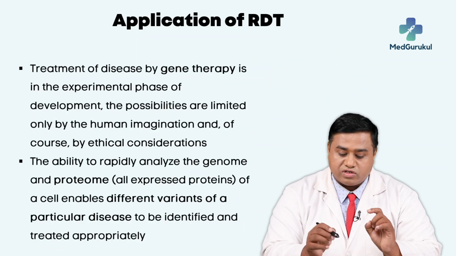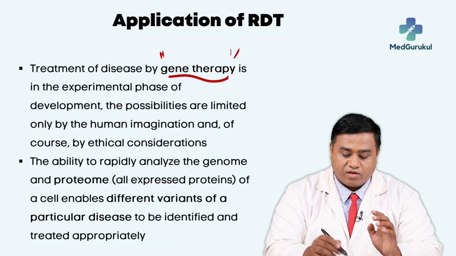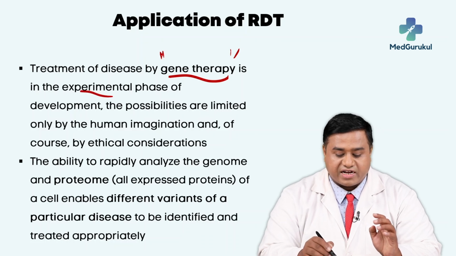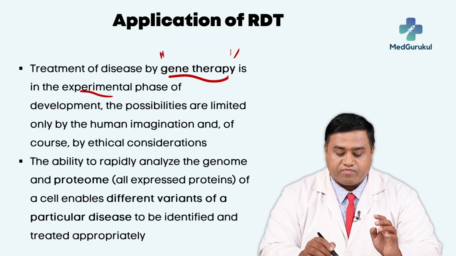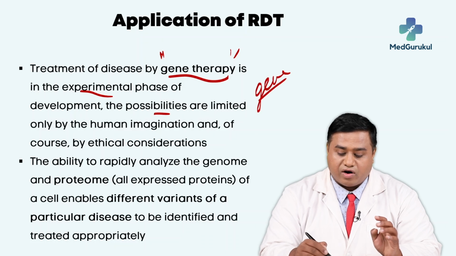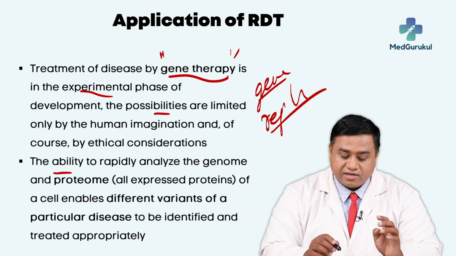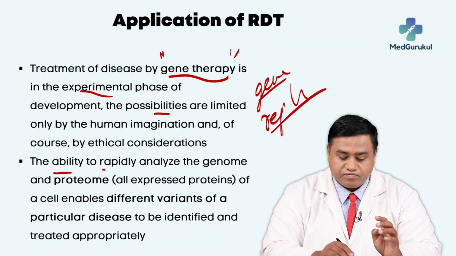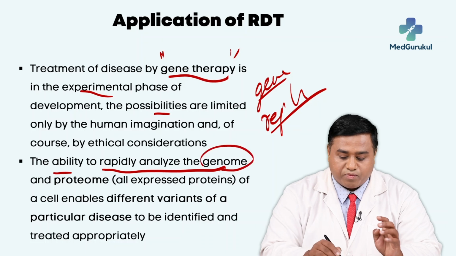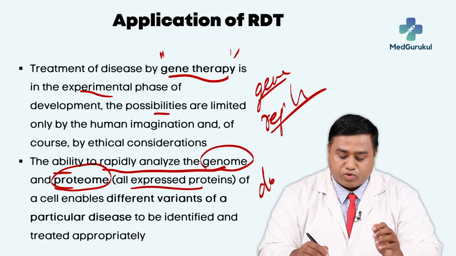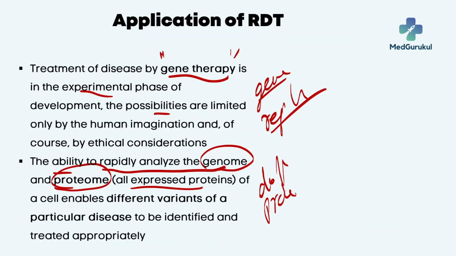It can be used to develop gene therapy, which is in experimental phase, and it's possible to develop genes or replace defective genes, and it has the ability to analyze the whole genome and proteomes and help in establishing an expressed protein, a defective protein, or a protein which is inhibiting other normal wild type proteins.